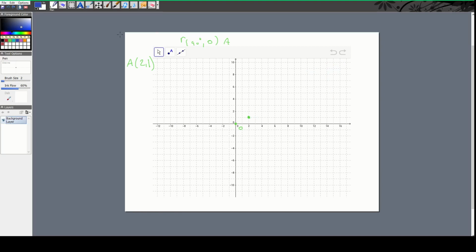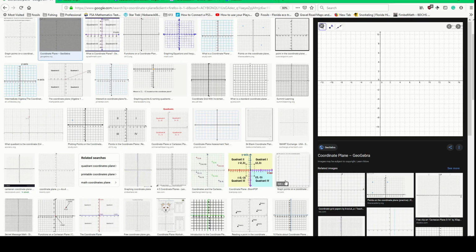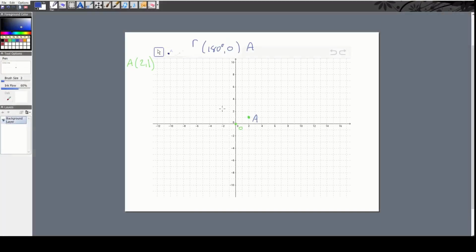Oh, it stops there. Okay. So we're going to get rid of this. And now we're saying rotate 180 degrees about the origin, or O for the origin, point A. And here's my point A. Now let's flip over to my PowerPoint.